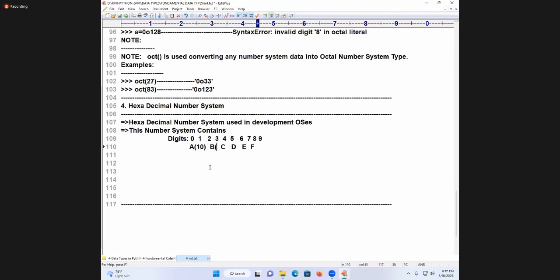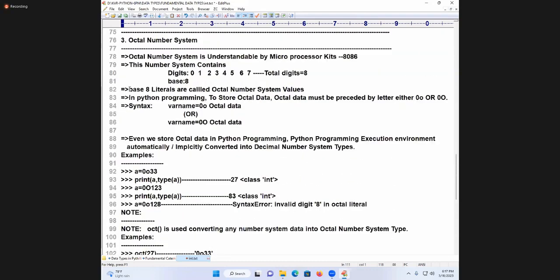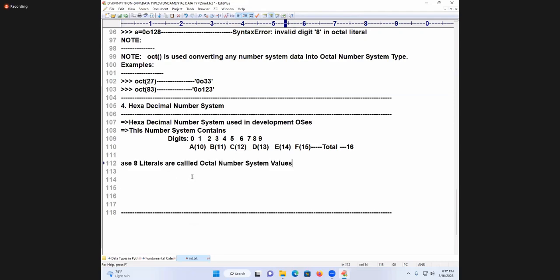Value B is treated as what? 11. Value C, 12. D is 13. And E is what? 14. And F is what? 15. So totally how many are there? 16. So total digits are 16. So base 16. Base 2 literals are binary, base 8 literals are called octal, and here I am writing base 16 are called what?